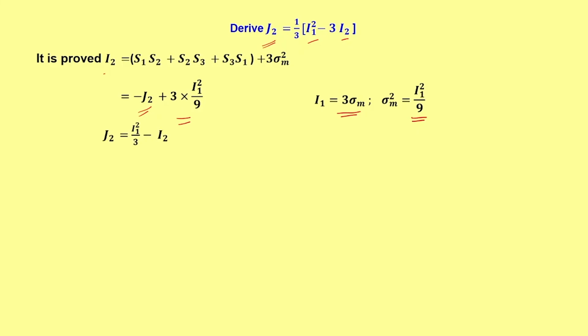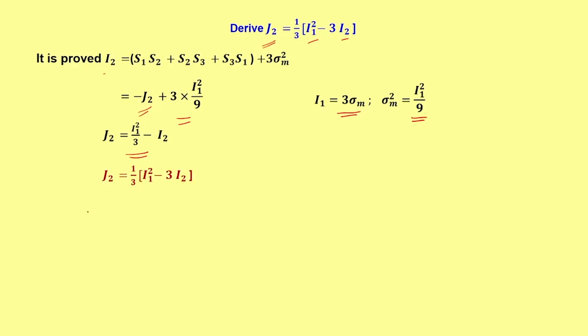So, J2 is equal to, from here, this particular information, this goes on the other side, J2 is equal to I1 square by 3, this I2 comes on this side, minus I2. So, this is known.